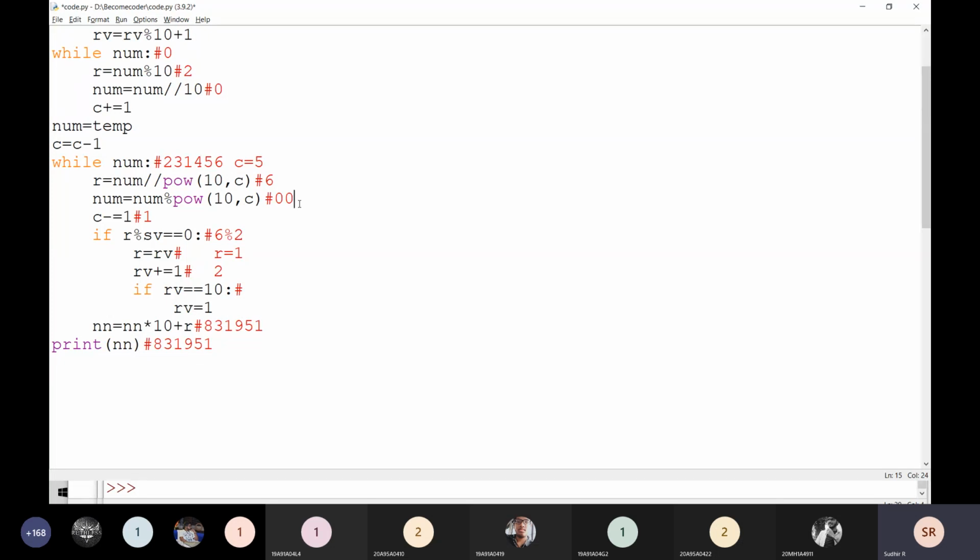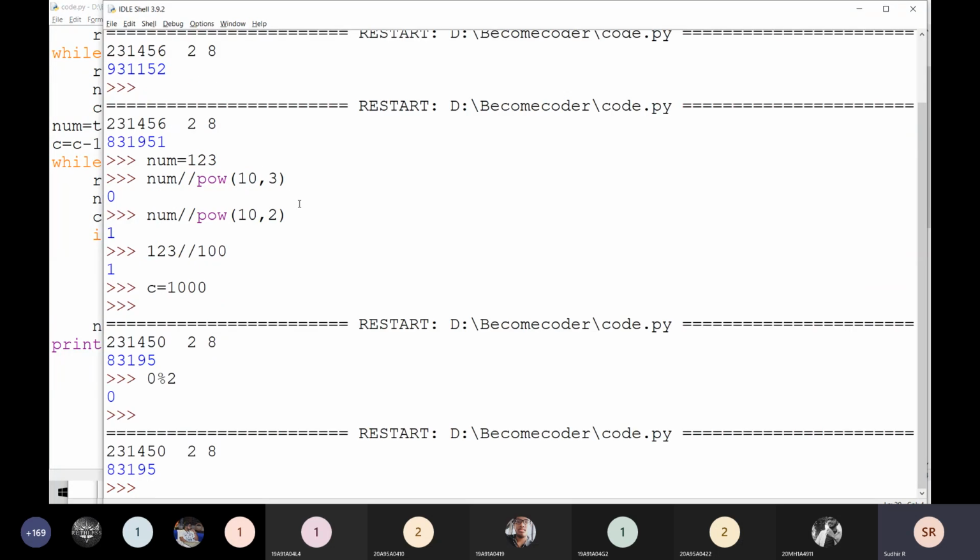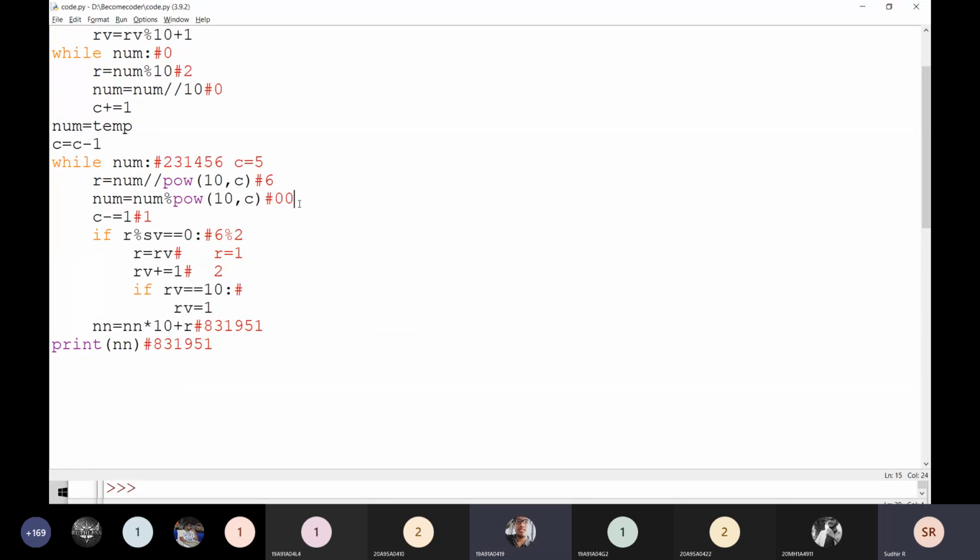Do you understand why it is not coming? Whenever a problem is there, I think about why it is not coming. Is it clear? If I give the last values as zeros, the number becomes 0, right? That's why it is not entering into the loop. That is the mistake here. And what do we have to do here?